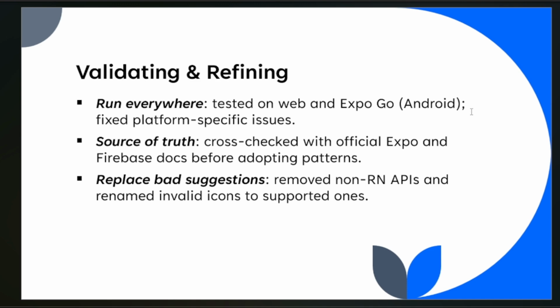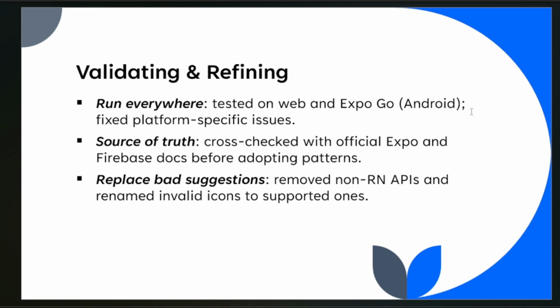validating and refining. To validate, I ended up running it both on my phone and web to see if there were any platform issues. I still discovered the issue of signing in with Google on Android. Source of truth, cross-checking with the official Expo and Firebase docs helped me deal with any issues I had facing OpenAI, using its API and the API keys.